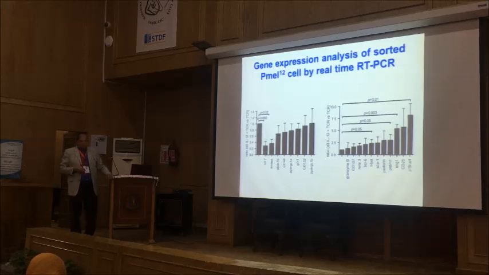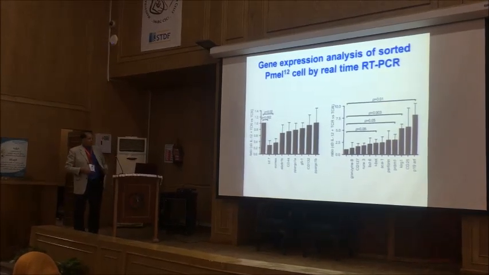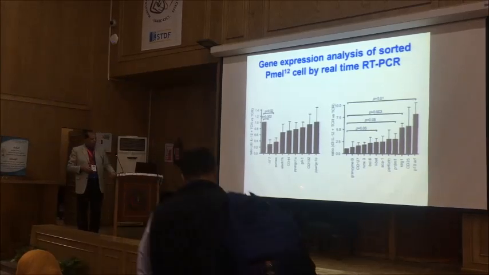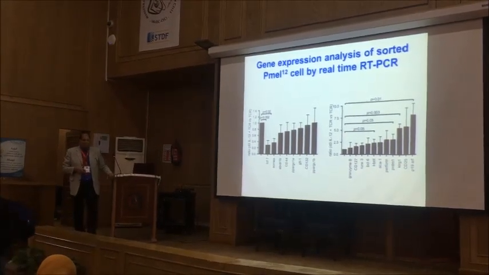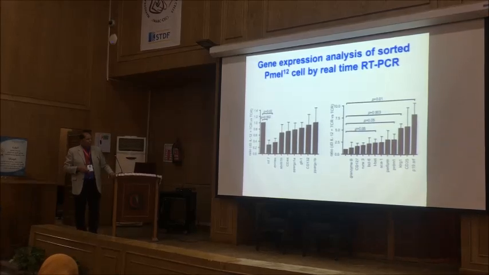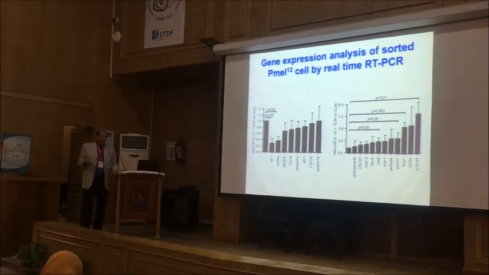Then we decided to run some arrays of real-time PCR on two kinds of genes. One is related to stem cell phenotype, and the other related to drug-resistant genes.